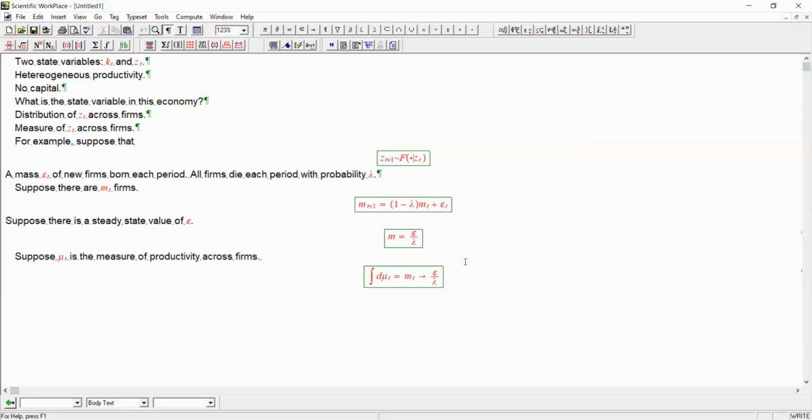And for that, for simplicity, let's suppose that ZT is drawn from a finite number of possible values, Z1, Z2, ..., Zn. Well then, this measure is very simple. It's just a probability that if you randomly pick a firm in this economy, you're going to find that it equals a particular value of these, times, of course, whatever is the total mass of firms on that date.